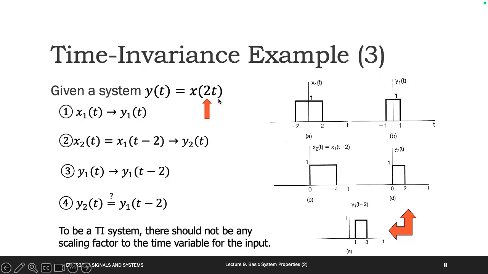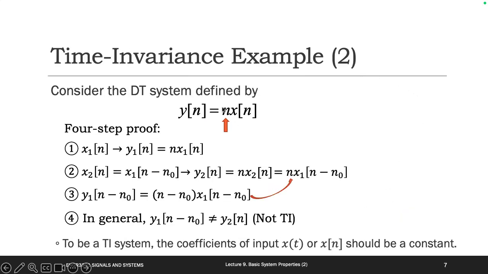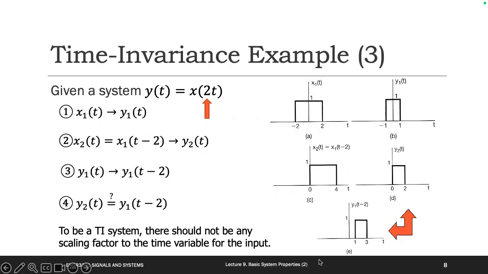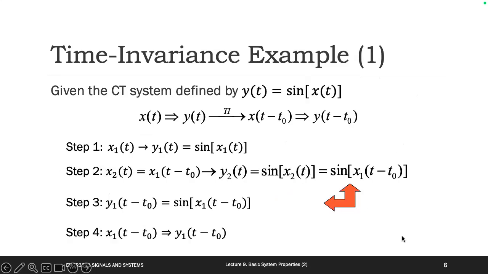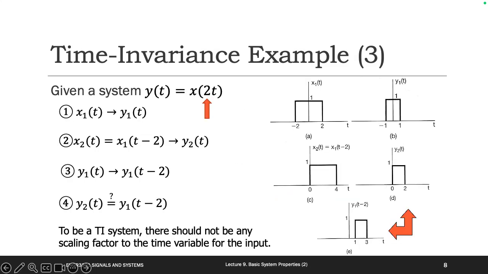You put a factor here, which means you have shrunk your time or expanded your time, so your time is no longer the same as the original. That makes sense to you?